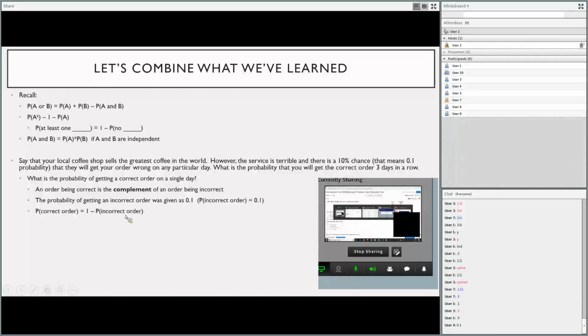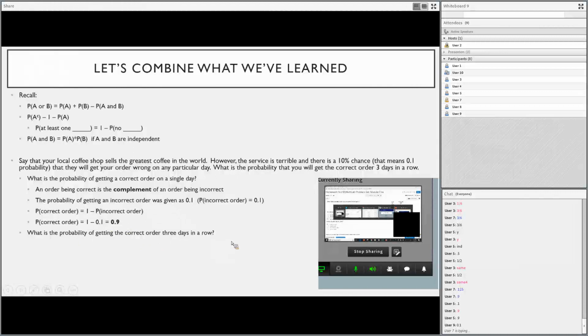So to figure out the probability of getting a correct order, we have to do 1 minus the probability of getting an incorrect order. We were told the probability of getting an incorrect order, that was this 0.1. So all we have to do is take 1 minus 0.1 and I will get 0.9. Anybody have questions about how that worked out or why this 0.1 was not the immediate answer to this question? Okay, so just pay real close attention to the wording.